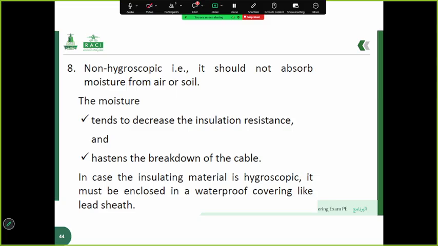So based on this slide, we will discuss another crucial property of insulation materials, being non-hygroscopic. This term simply means that the material should not absorb moisture from the air or soil. So this is also very important.